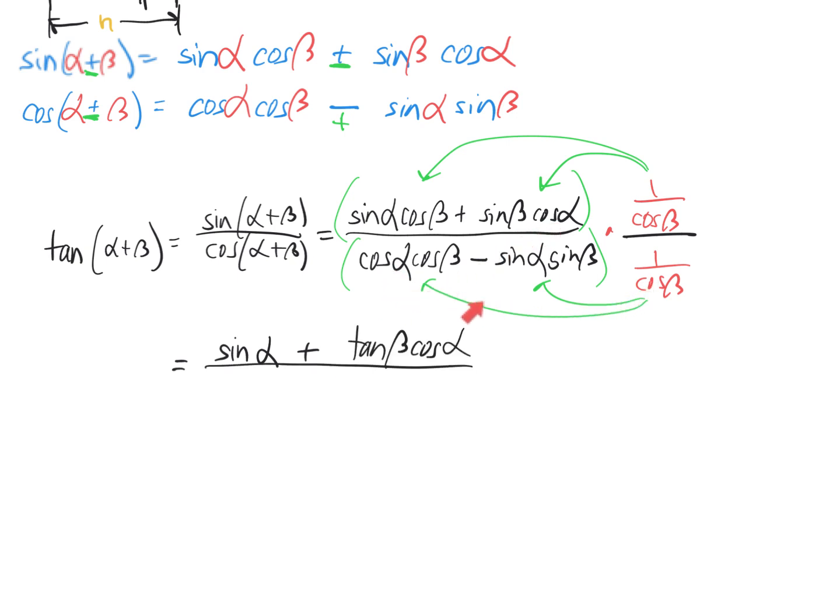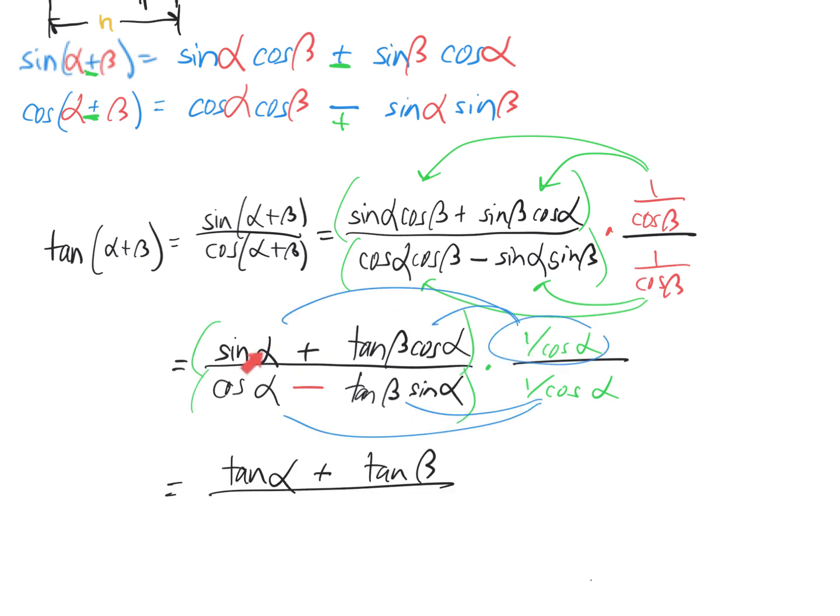Multiplied by this first thing, we'll be left with just cosine of alpha. And then when we multiply by this factor, the sine of beta over cosine of beta is tangent of beta times sine of alpha. After that, we'll multiply by 1 over cosine of alpha over 1 over cosine of alpha.